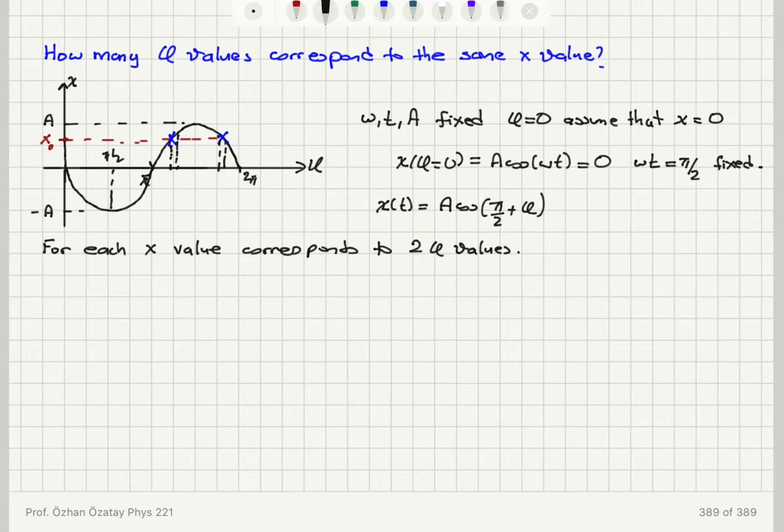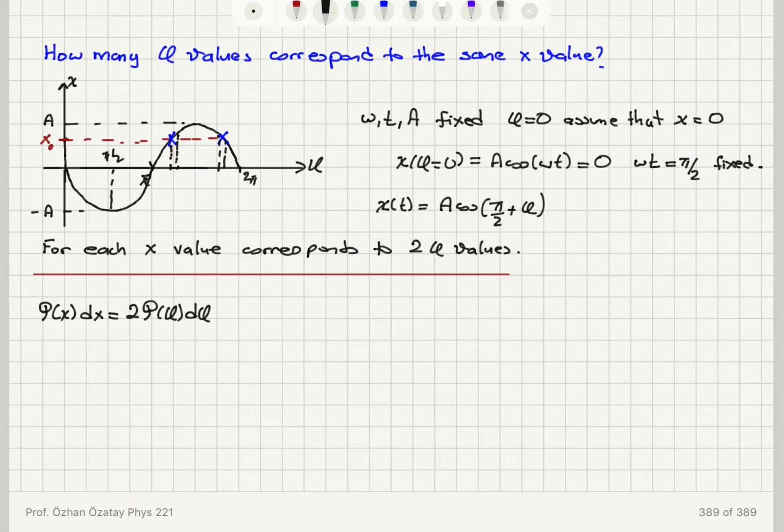So because of this relationship, I can conclude that for the probability distribution function of x, p of x dx, I have to consider two different phi values, but the probability distribution function for those values is the same, so it's going to be twice the probability of having a phi value in the range phi to phi plus d phi, because it's the same for the first phi value and second phi value.